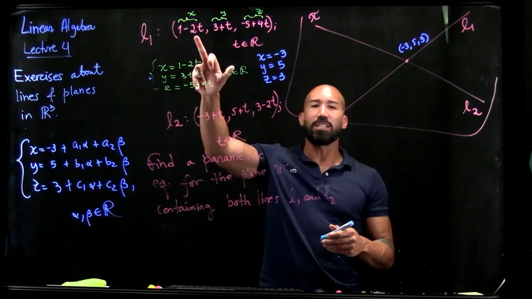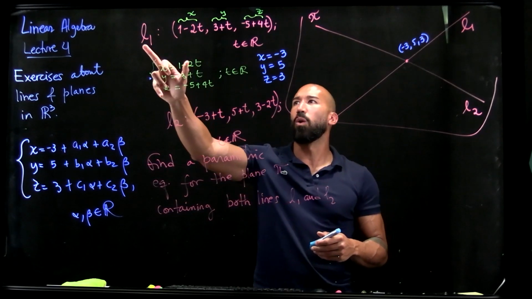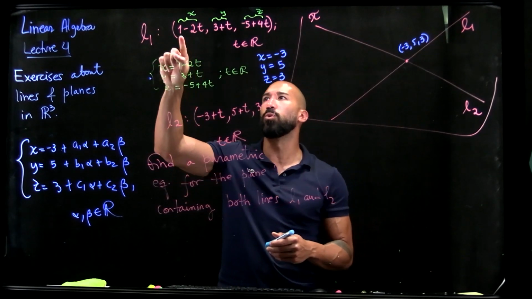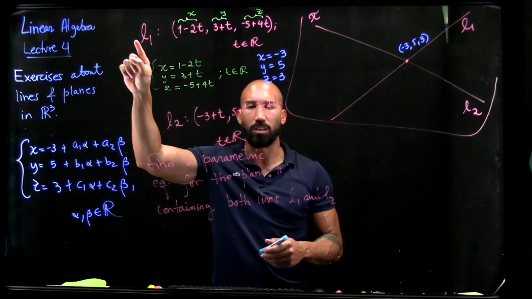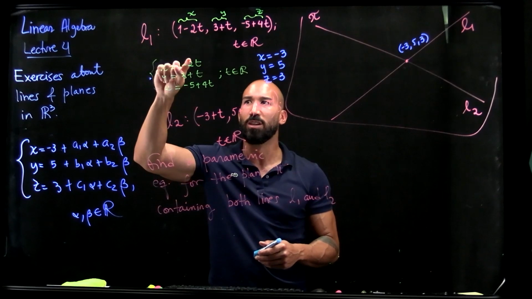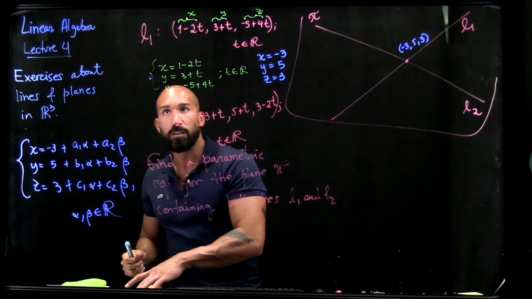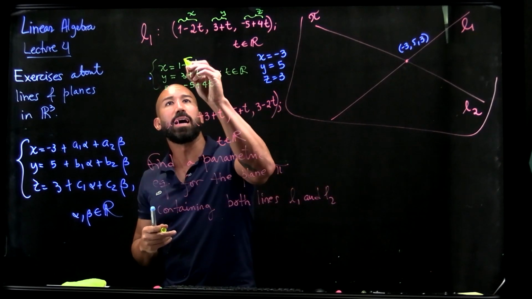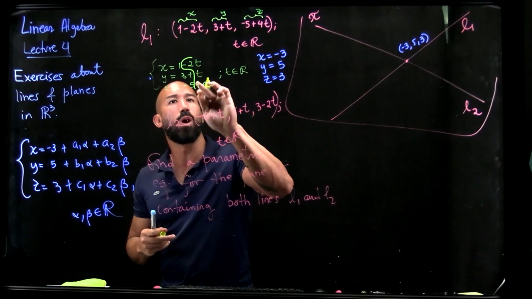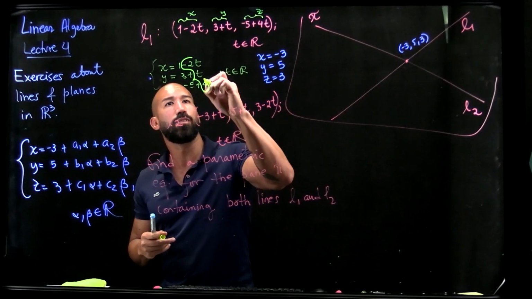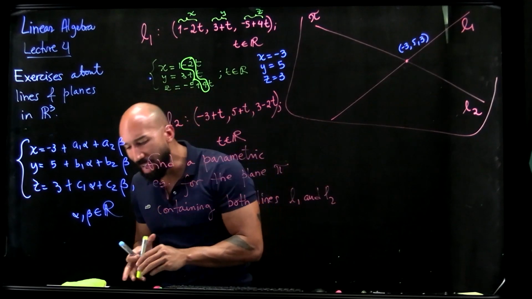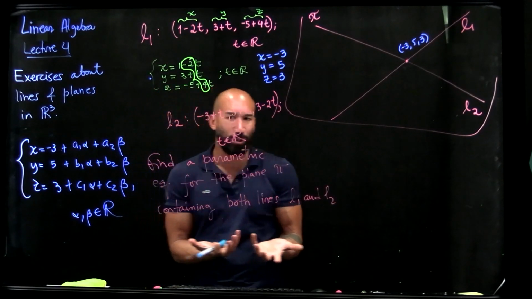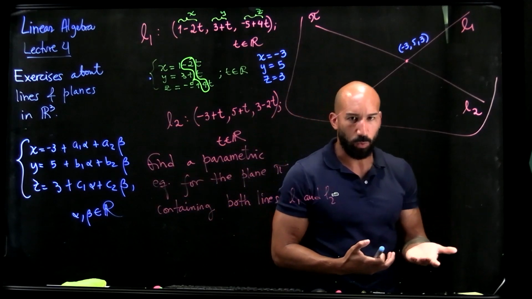But if you look at this parametric equation of L1, not only do you know that (1, 3, -5) is a point on this line, you also know that (-2, 1, 4) is a vector parallel to L1, because that's the way that we construct the parametric equation of a line.